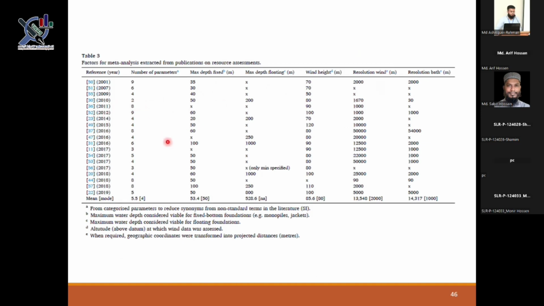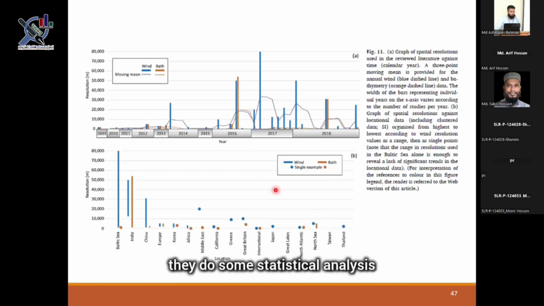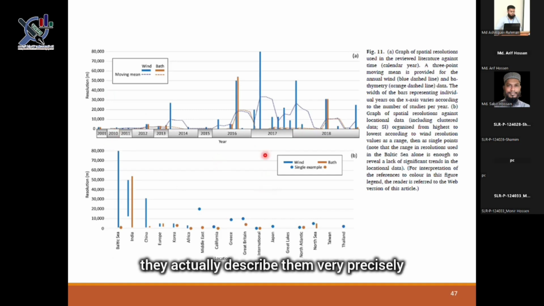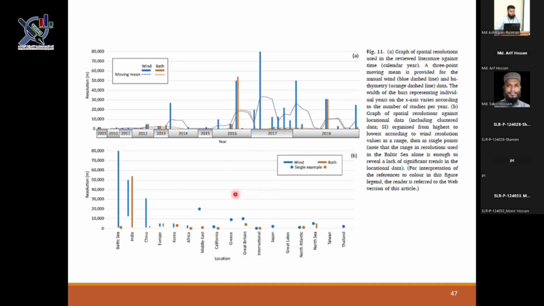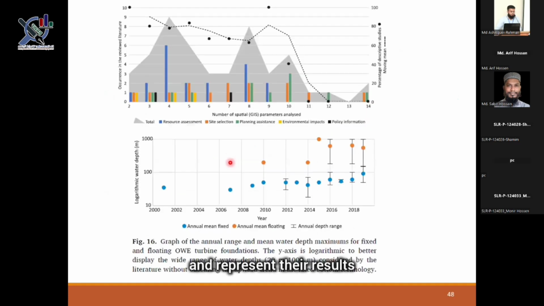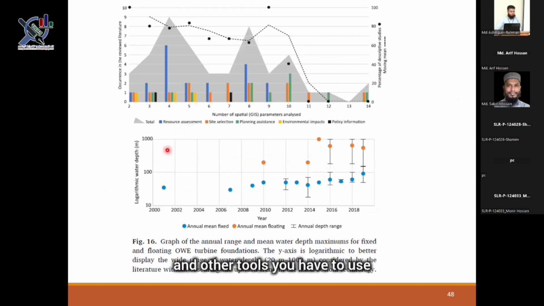After extracting all the required data, they did some statistical analysis, and depending on that analysis they described the results very precisely, clearly and critically. Since this is rigorous, for a meta-analysis you have to know the statistical background and the tools to use, and you have to extract data precisely. Then you can conduct the meta-analysis, as well as the systematic review.